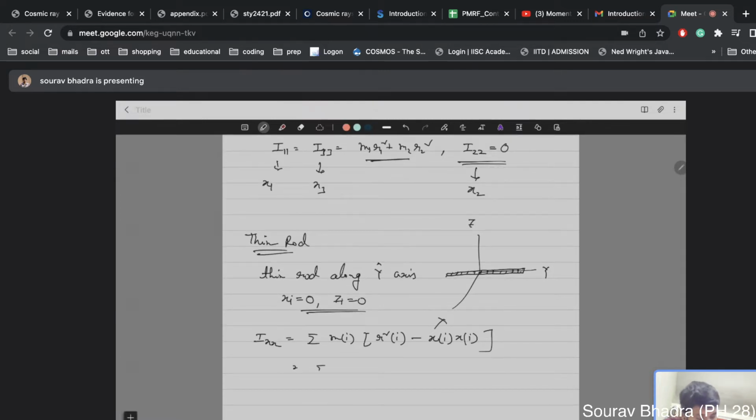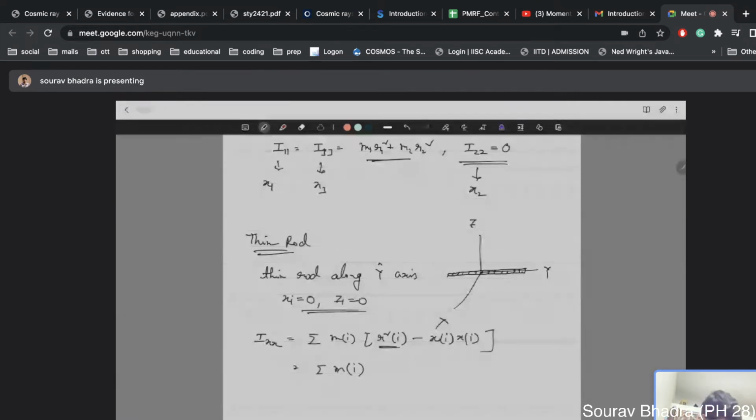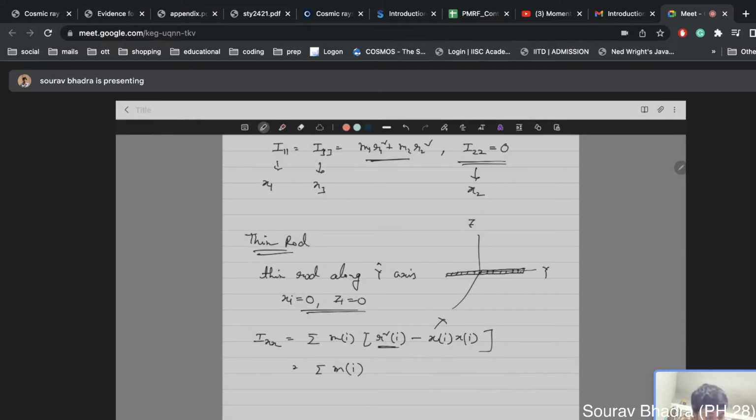So this will give me mi r square. Here also r square is x square plus y square plus z square, but there is no x and z in this particular problem. That's why, same as before, it will give you only y square, and this is also 0 because xi equals zi equals 0. Wherever you find any x coordinate or z coordinate, you can put 0 there.